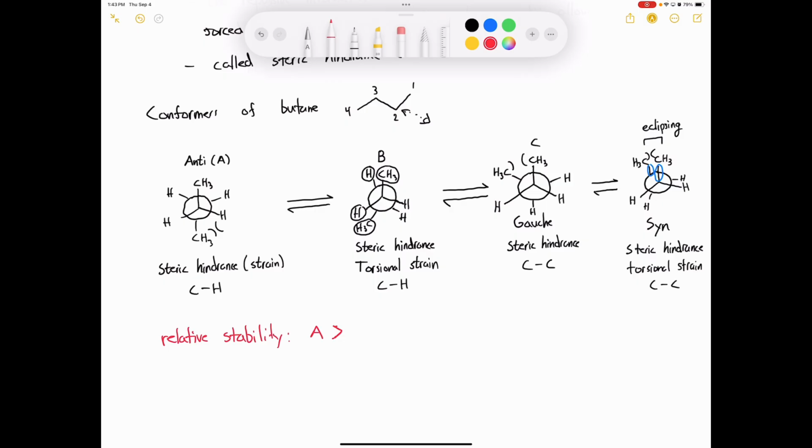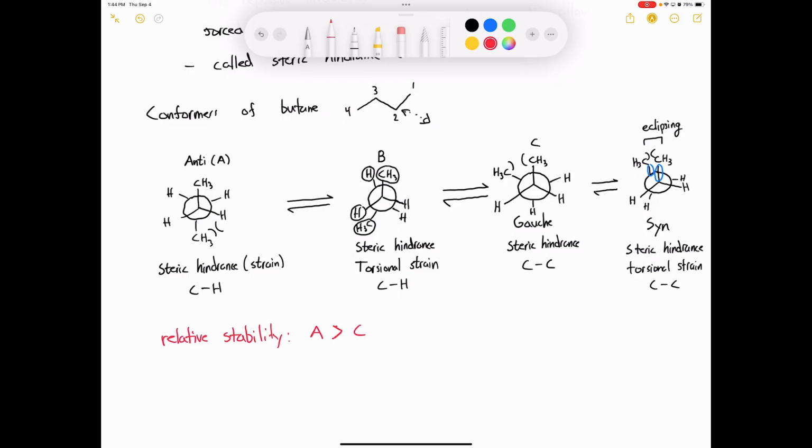You got 3 options. It's C. Why do we say C and not one of the eclipsing ones? Because everything is still relatively far. Yeah, so you don't have eclipsing strain. You only have steric hindrance, which is not that bad because it's still far away.